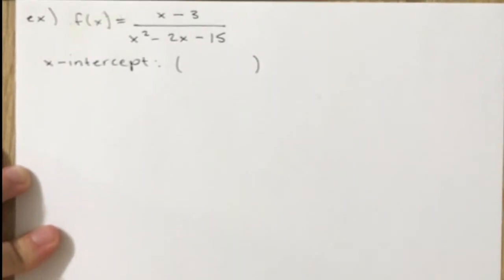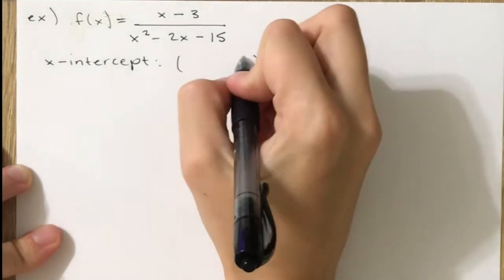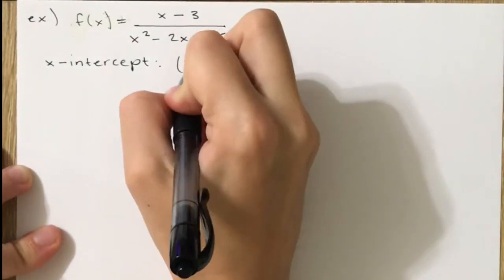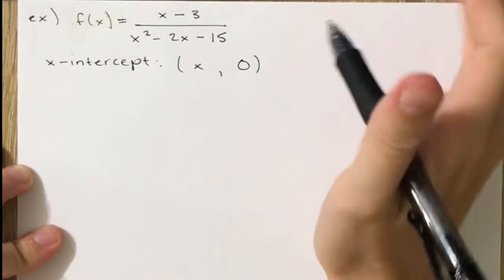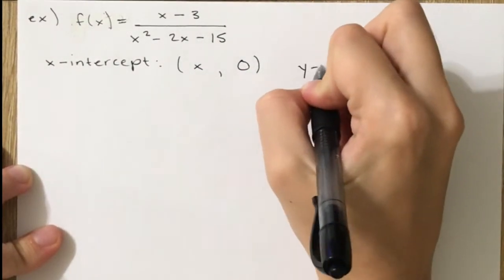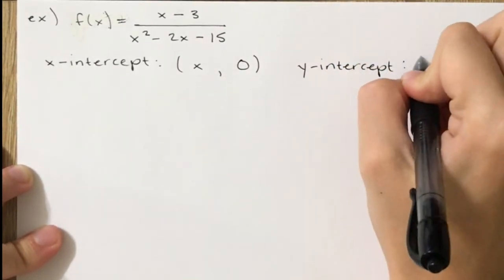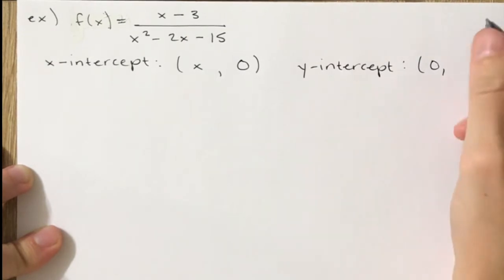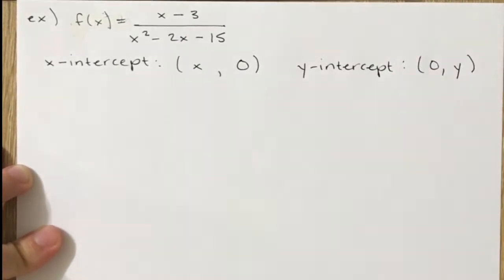The x-axis is the line y equals 0, so all of the points along that line are going to have y equals 0, and then it's some x value, right? Similarly, with the y-intercept, that's all of the points where x equals 0, and we have some y value.